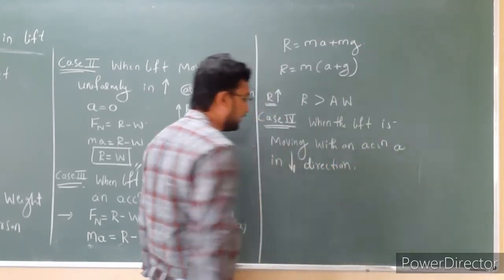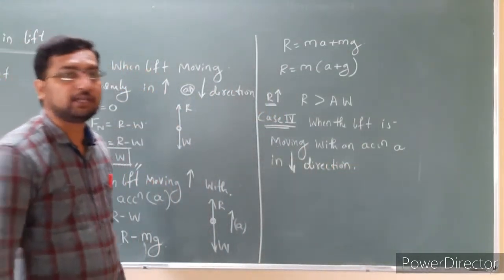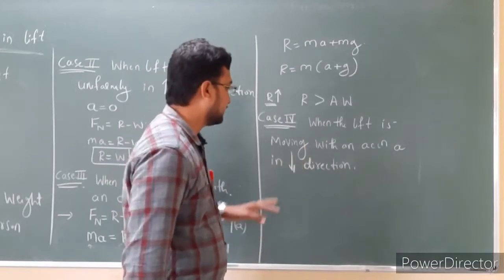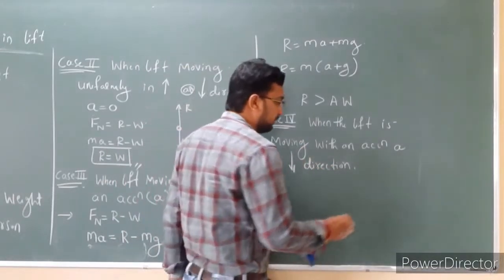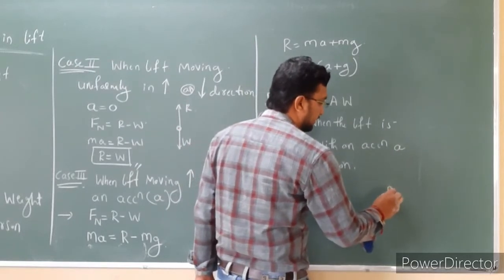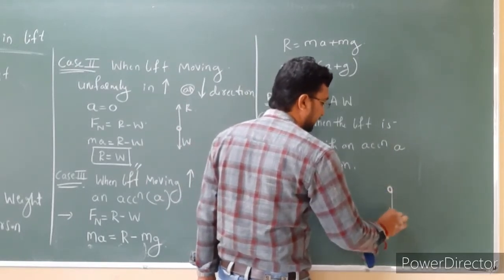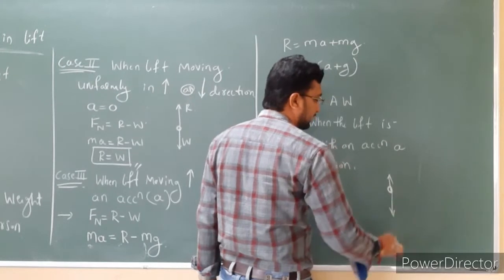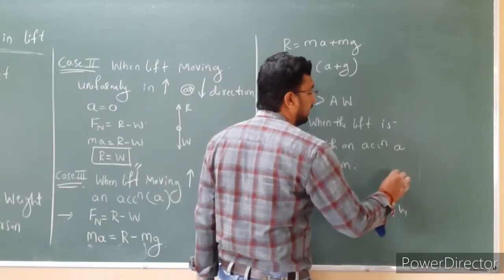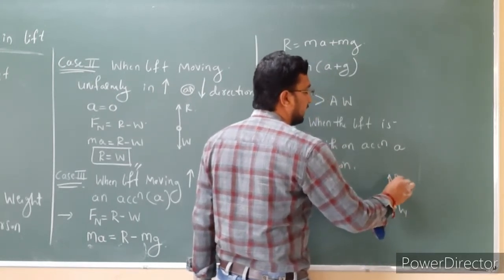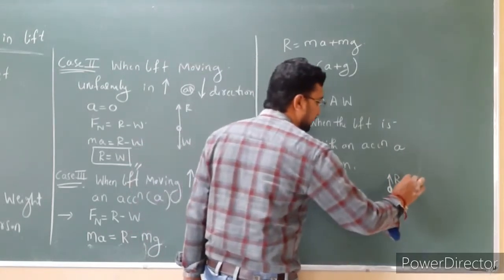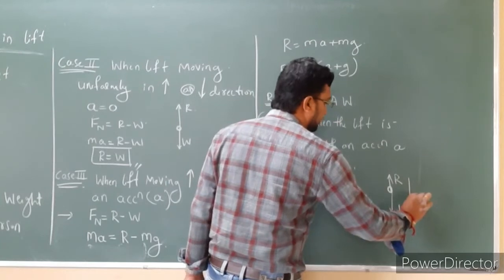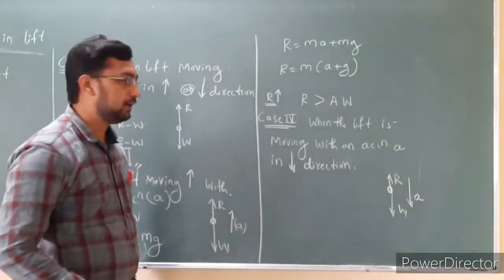Okay, see. So first, what is the condition here? The lift is moving with an acceleration a in the downward direction. First, draw the free body diagram here. So this is the system, the weight of the person acting in the downward direction, and the normal reaction R is acting in the upward direction. So here the direction of acceleration is in the downward direction.